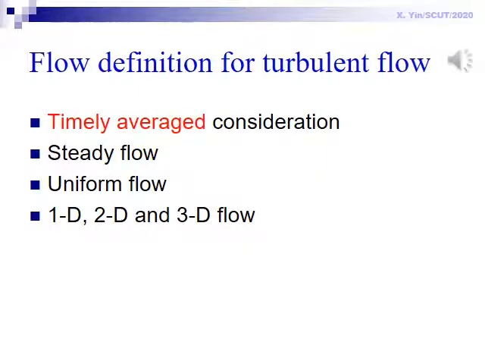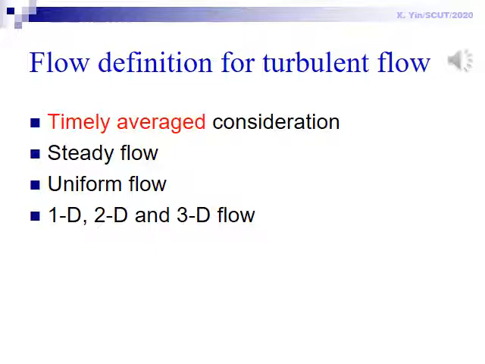Now that in turbulent flow the particles travel at random, how do we classify flow by the concepts we have learned before? Don't worry. Despite the fact that the transient movements of particles are chaotic, their time average behaviors still conform to those flow definitions.